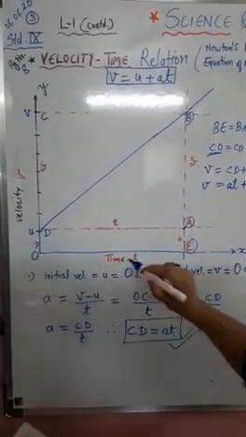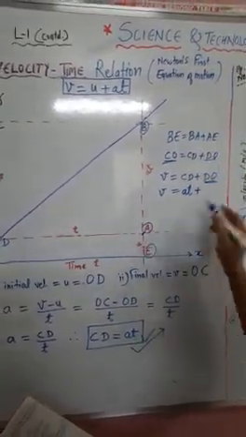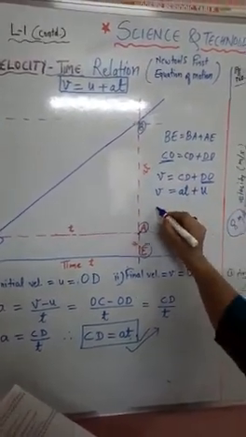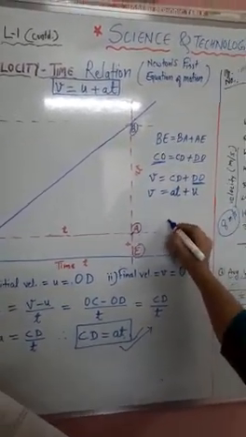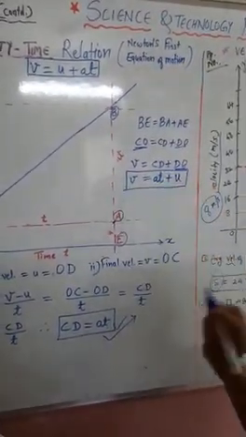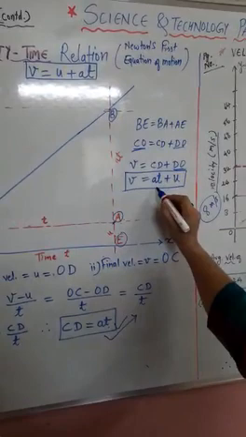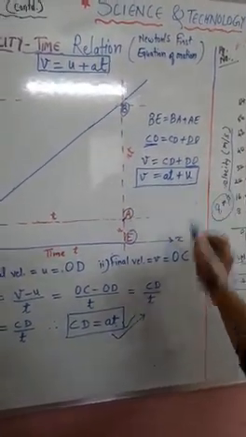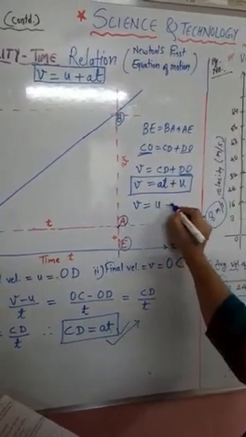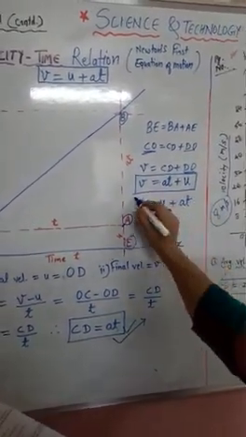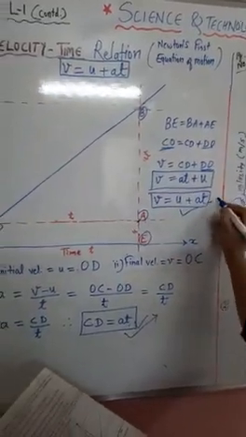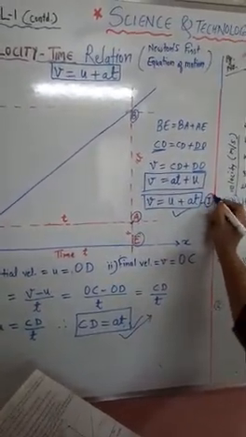That is the initial velocity u, so we put u here. Thus we get the first kinematical equation, v equal to at plus u, or we can write it as v equal to u plus at. This is the first kinematical equation.